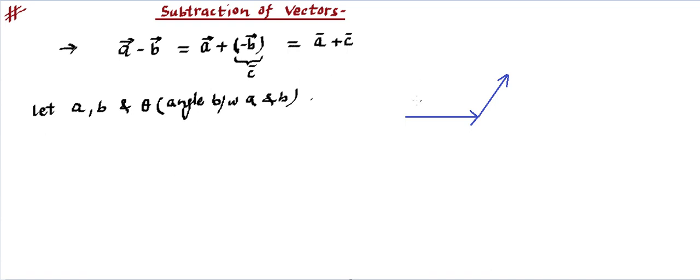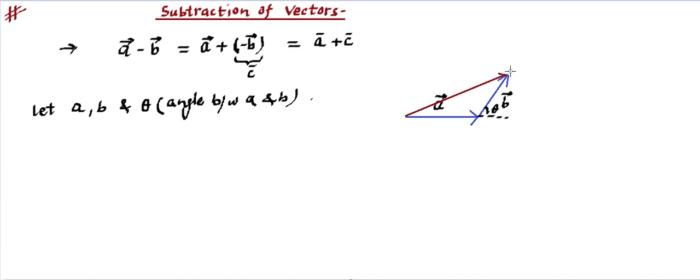So this is vector A, and this is vector B, and theta is the angle between A and B as per our way of measuring these angles. If we produce this further, this is theta. We know if we join this tail with this head, that will become A plus B. This is the A plus B vector.